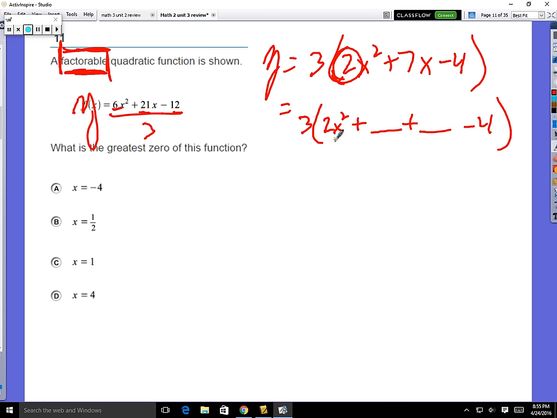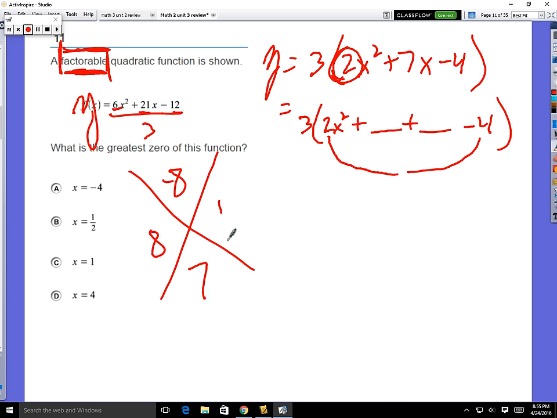You're going to take the first coefficient and this last constant, times them together, and that is a negative 8. The middle times the middle will also be a negative 8. So what times and gives you -8 but adds and gives 7? It's going to be 8 and 1, and the 1 is negative. Because 8 times -1 is -8, but they add to give you 7. So I'm going to go 8x minus 1x.